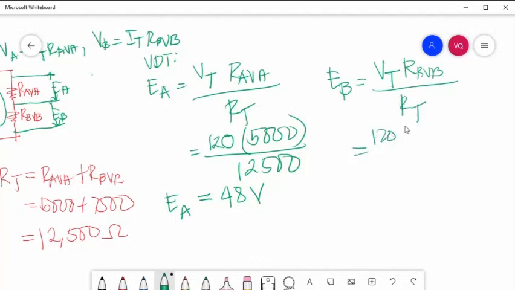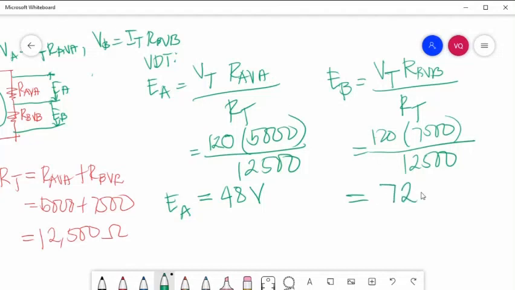So 120 times 7,500 divided by 12,500. So you have 72 volts. Okay.